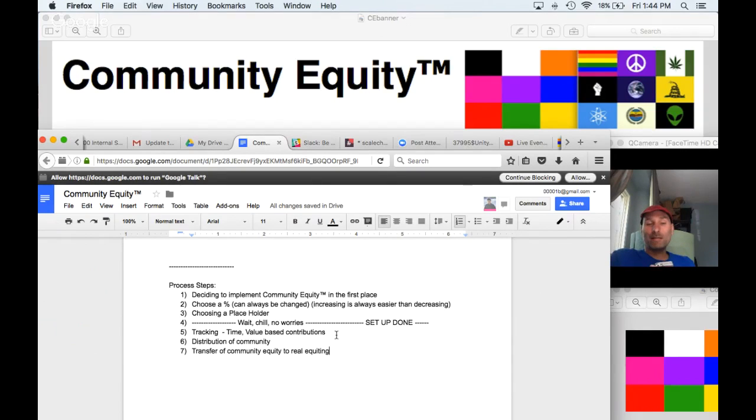At least at the beginning. Towards the end, once you start establishing who is contributing, why, and what they're actually getting, it makes sense to take the community equity and put it back into real equity so that people have direct ownership. But usually you would do that when and if it's necessary based on the model that you're using.